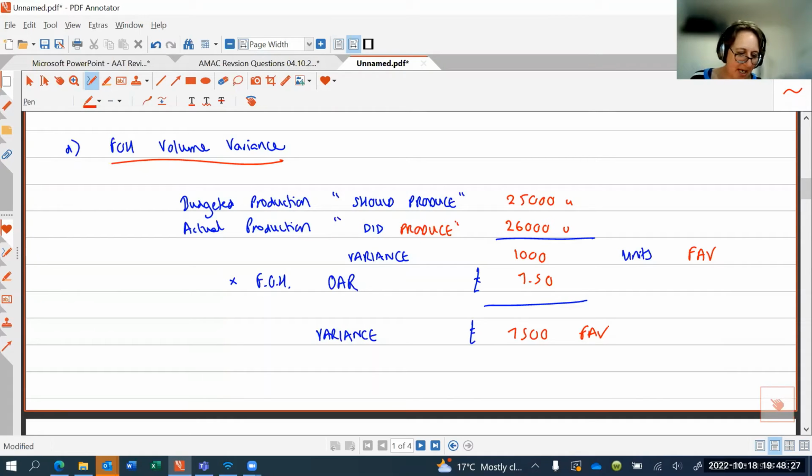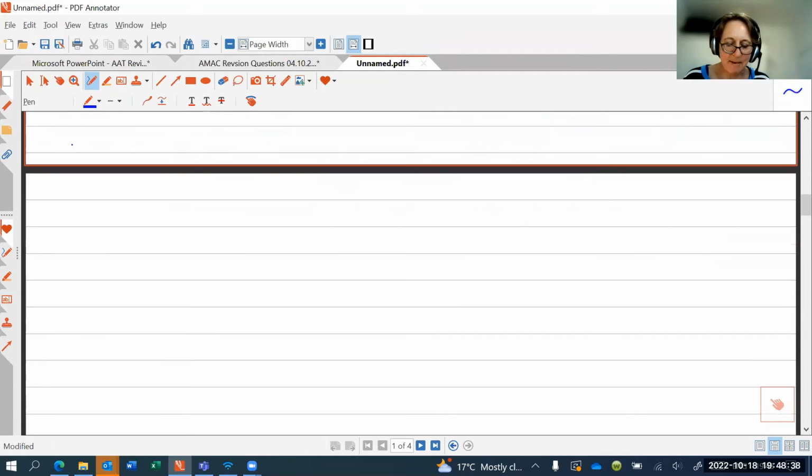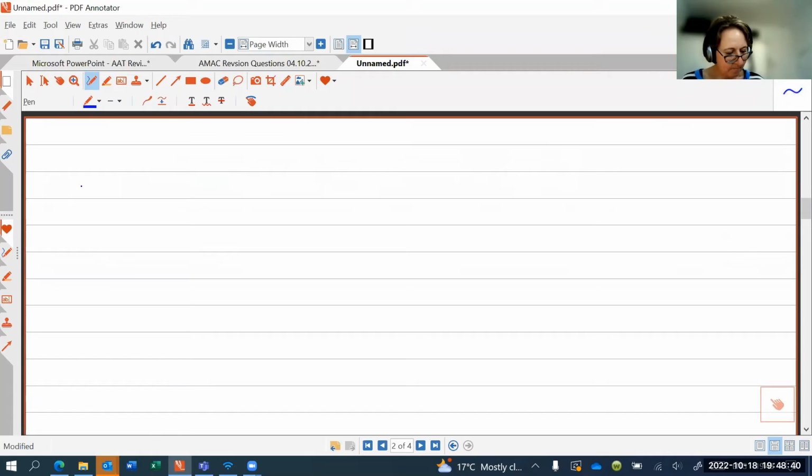So I want to know what the actual expenditure was. Well, there's two variances in summary that I might have for overheads. One is volume, the other one is expenditure. The expenditure variance is going to tell me how much I should have spent and how much I did spend. So let's go to our fixed overhead expenditure variance.